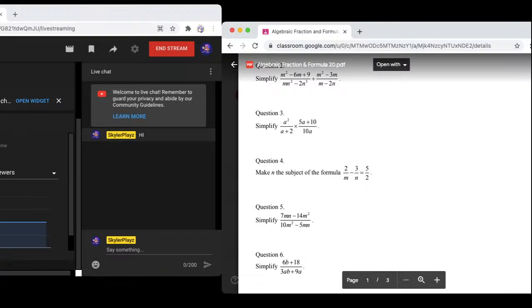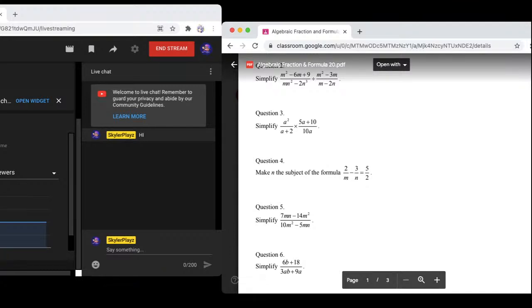Reverse the fraction, and then negative n over 3 is equal to 2m over 5m minus 4. Multiply the whole equation by negative 3. And finally, we get n is equal to negative 6m divided by 5m minus 4.